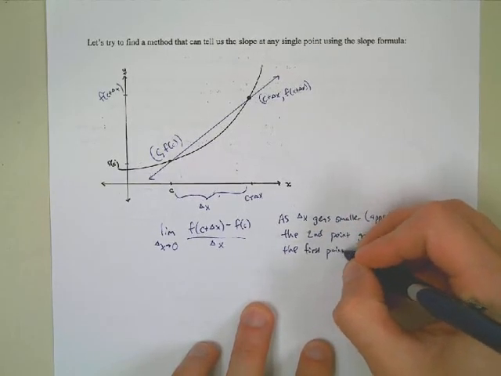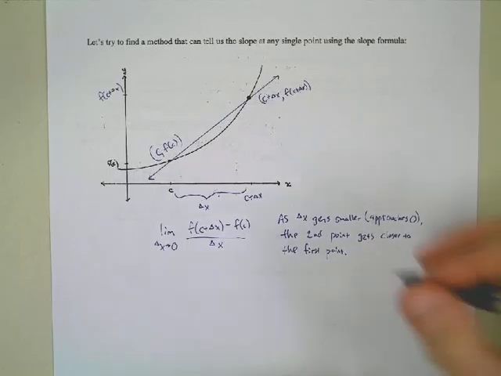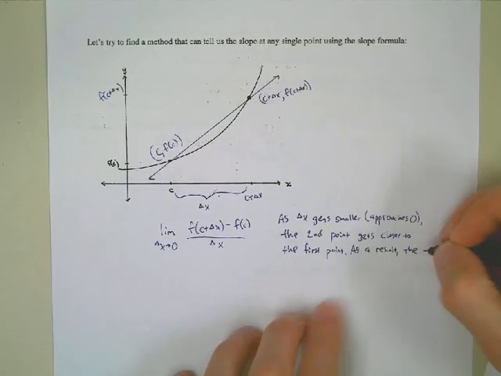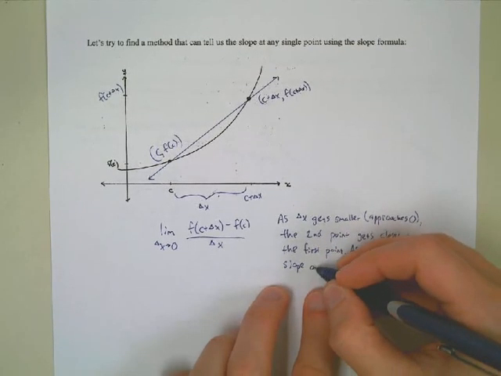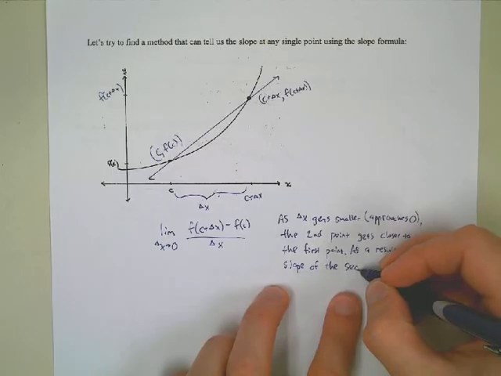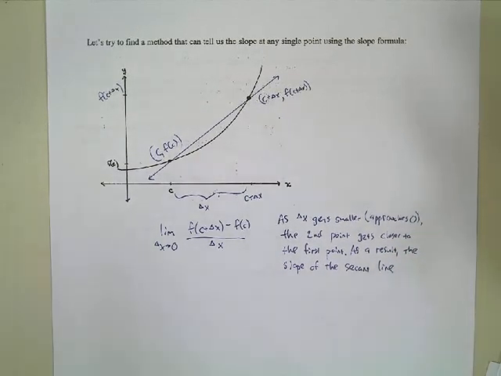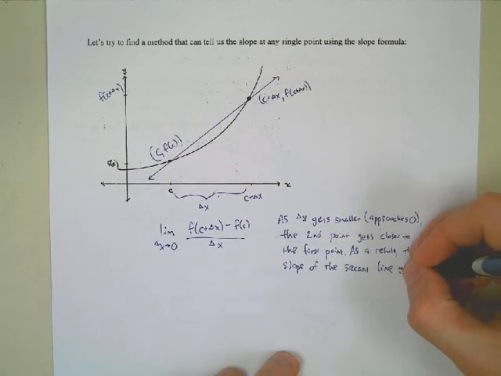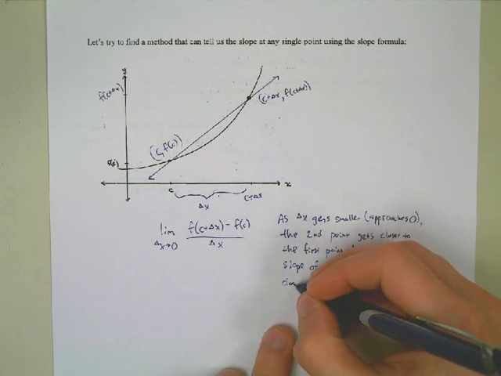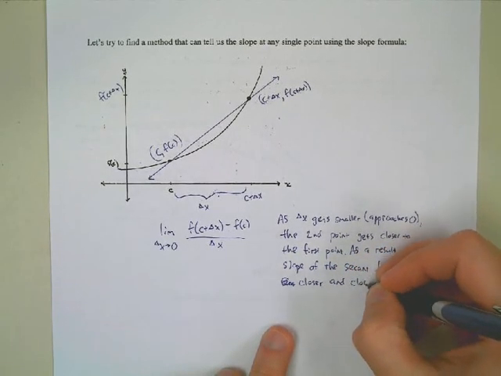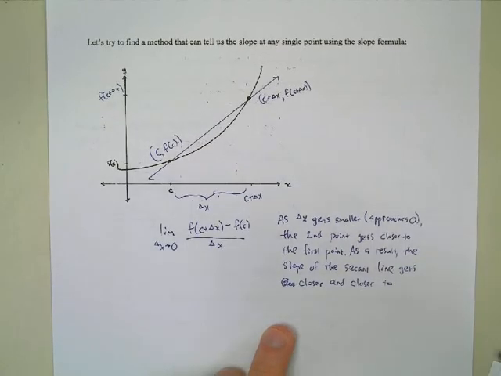As a result, the slope of the secant line, so again, as delta x gets smaller, that is approaches 0, the second point gets closer to the first point. As a result, the slope of the secant line gets closer and closer to the slope of the tangent line. In fact, it approaches the slope of the tangent line.